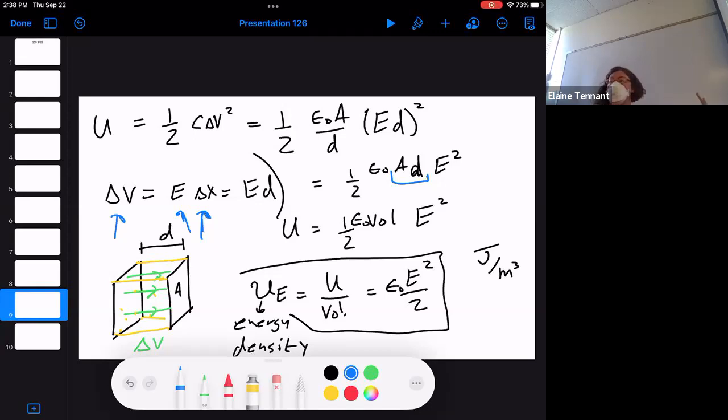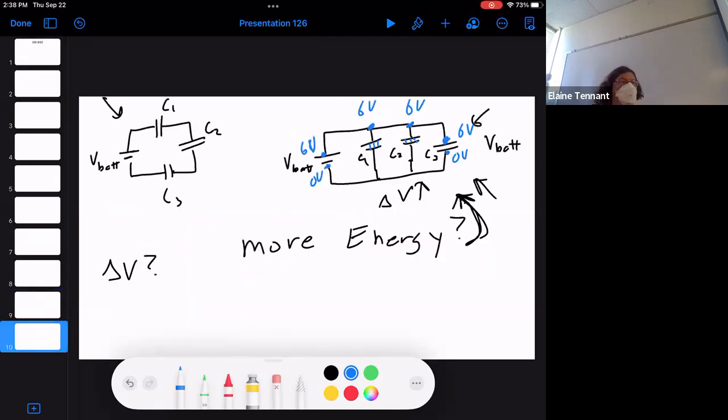Since the distance is the same and one of the voltages is bigger, there's more energy. So you maximize your voltage, you're maximizing your electric field. Sound reasonable? Okay, excellent.